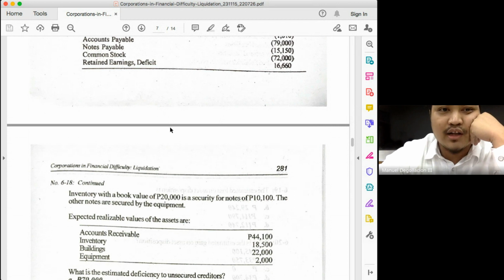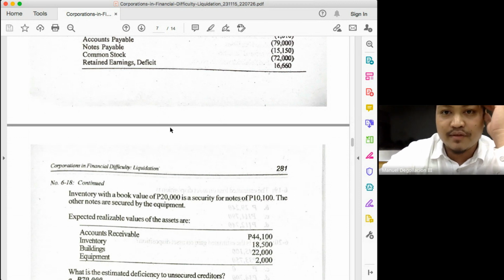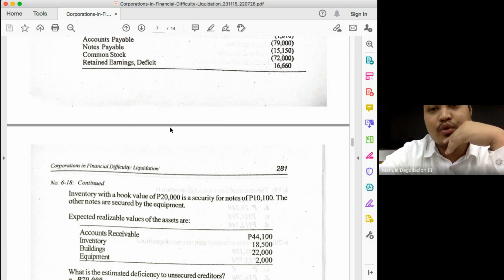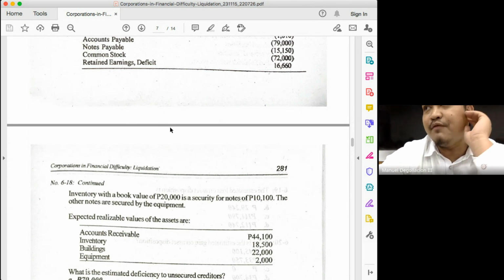Okay, so if our total notes payable is 15,150, and we have one group amounting to 10,100, the other group will be how much? 5,050. And they are secured by our equipment. But the problem is the value of our equipment is only 2,000. So the 5,050 notes payable will be considered as partially secured.